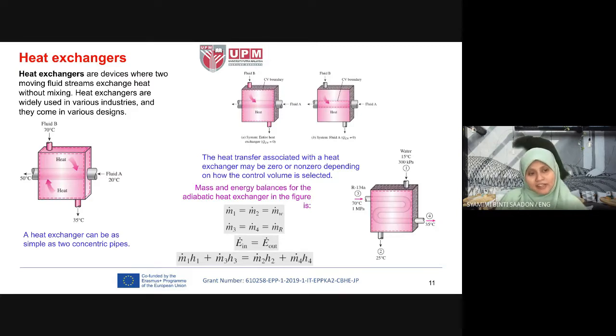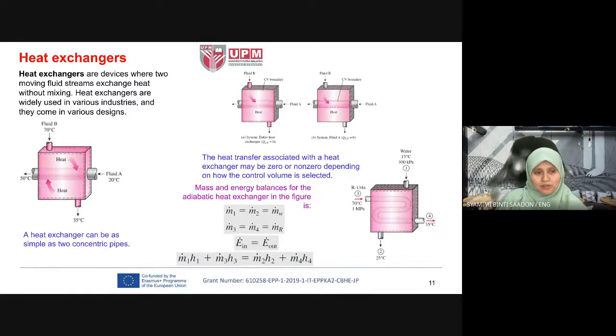So at the exit, fluid A is going to increase in temperature to 50 degrees Celsius, and fluid B will be cooled down to a lower temperature because it already gave heat to fluid A. So fluid B will decrease in temperature to, for example, 35 degrees Celsius.